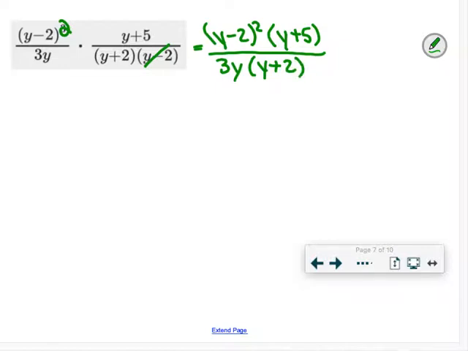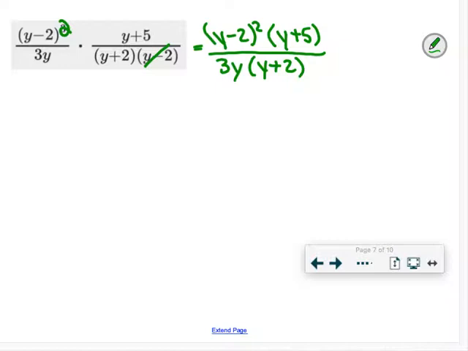Okay, so do I have these written as products? Yes. It is y minus 2 times y minus 2 times y plus 5. Okay, and then my bottom I have 3y times y plus 2. From here, does anything cancel out? Do I have any factors in my numerator and in my denominator?